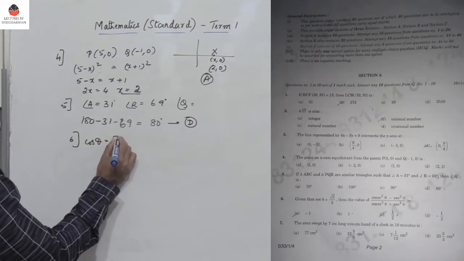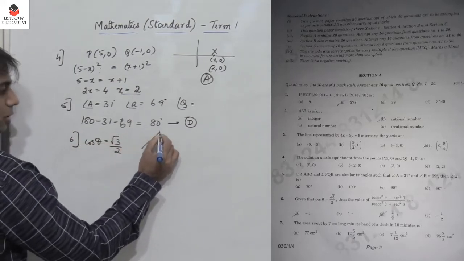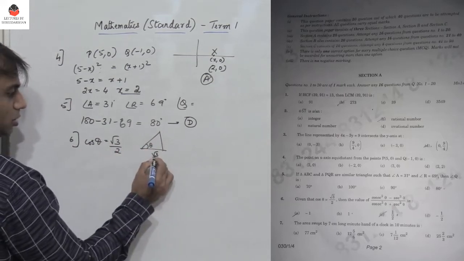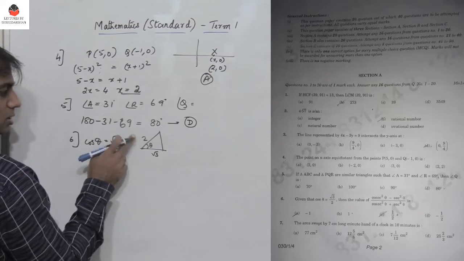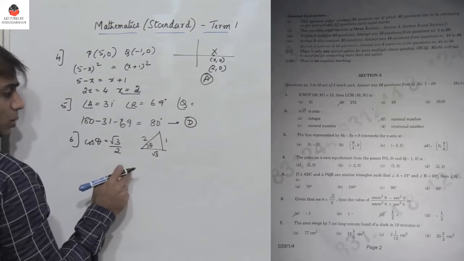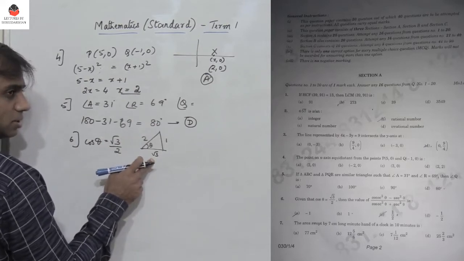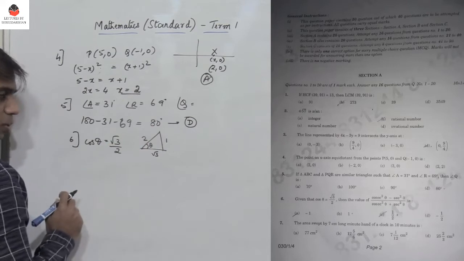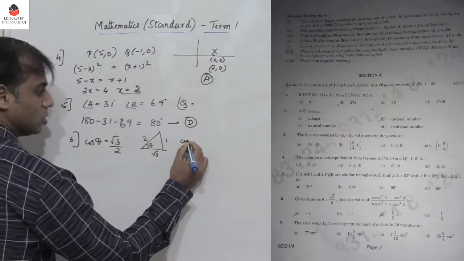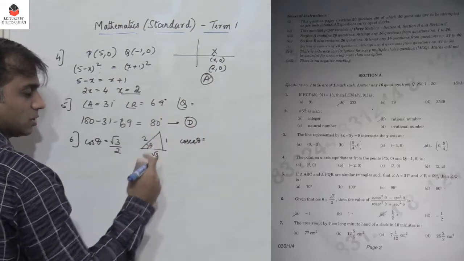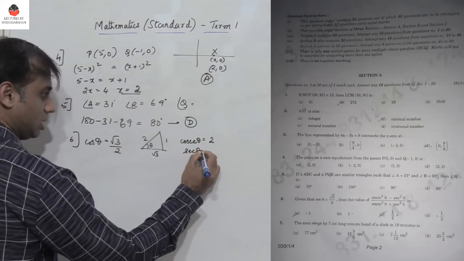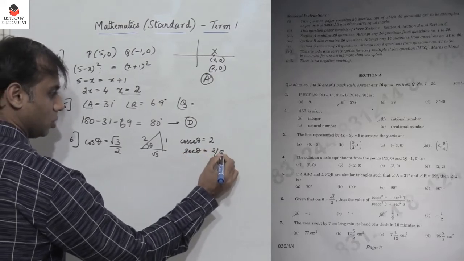Cos theta equals root 3 by 2. So if theta is an angle here, cos theta, which is root 3 by 2, is adjacent side by hypotenuse, and the opposite side will be 1 because it is 4 minus 3 using Pythagoras theorem. So this is going to be 1. Now we need to find cosecant square. Cosecant theta is inverse of sine theta, which is 2, and similarly secant theta is inverse of cos, which is 2 by root 3.